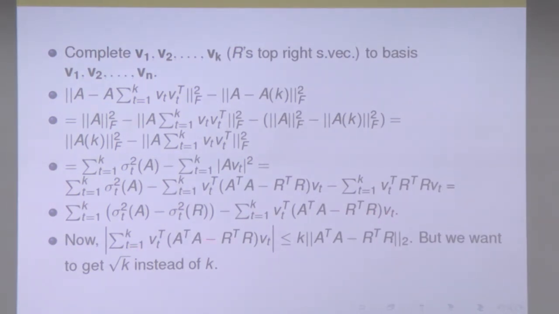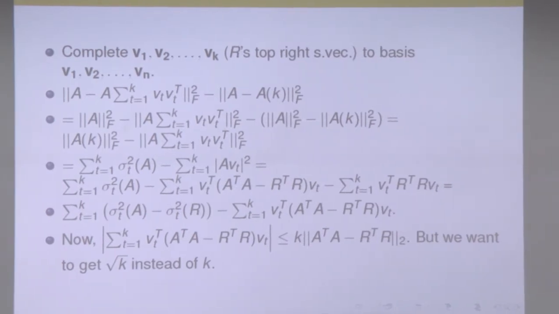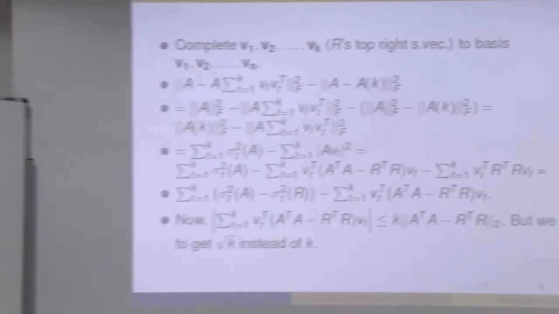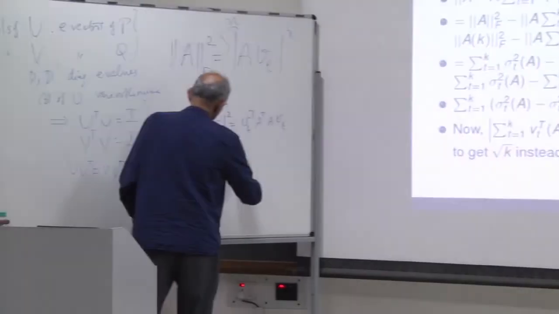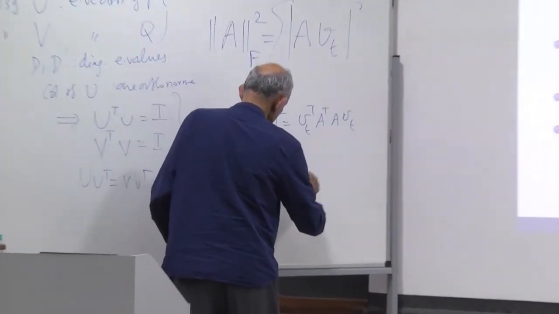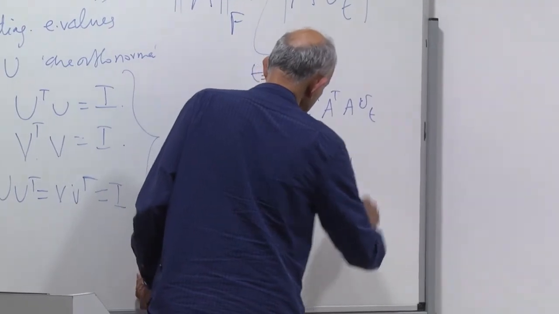So now this is less than or equal to k times that, because for each vector v, this quantity is at most the spectral norm of that. Okay. Now we defined spectral norm slightly differently: we defined the spectral norm of A as the max over all v of the norm of Av.